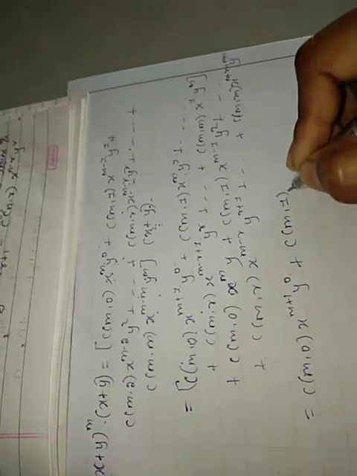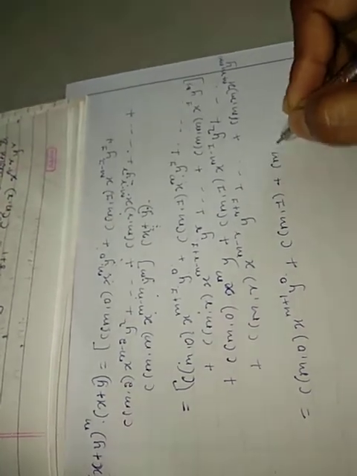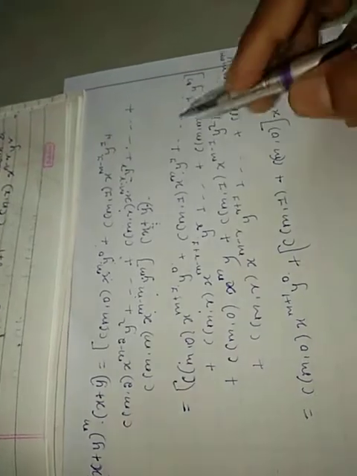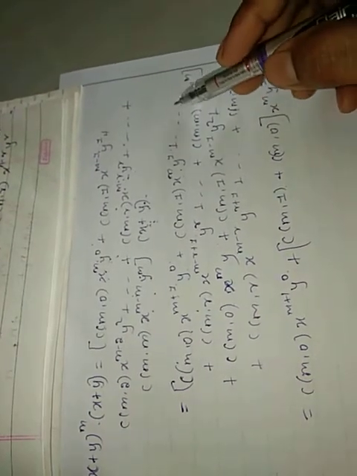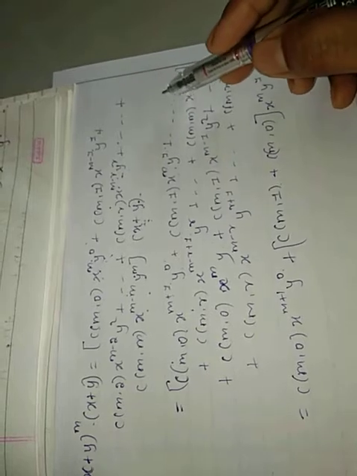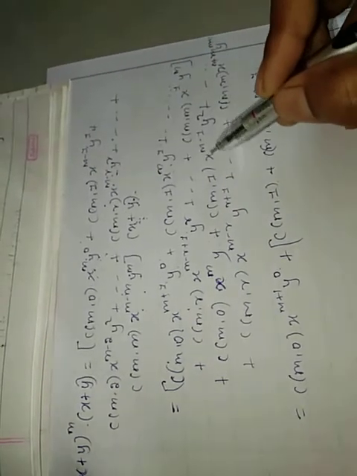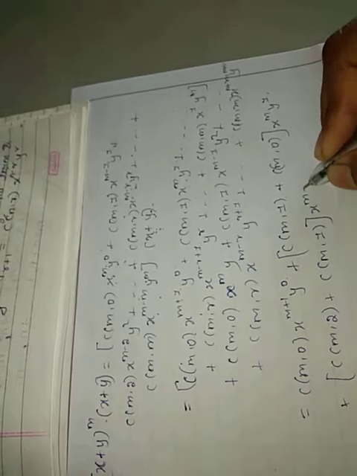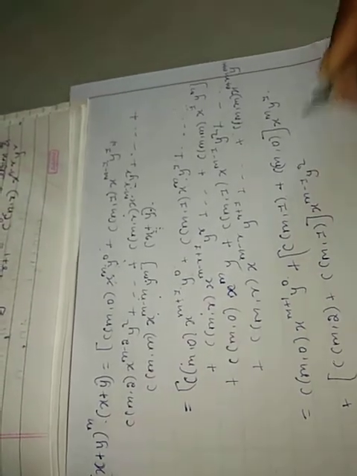Remaining is C(m,1) plus C(m,0) into x^m y^1. The next term is C(m,2) x^m into y^2, and here it is also x^(m-1) into y^2. Now it becomes C(m,2) plus C(m,1) into x^(m-1) into y^2, and so on as it is.